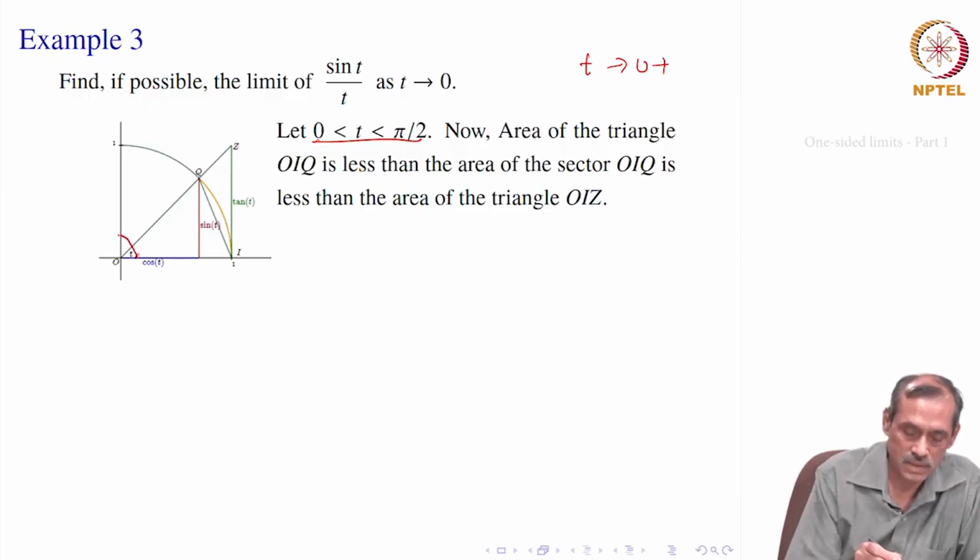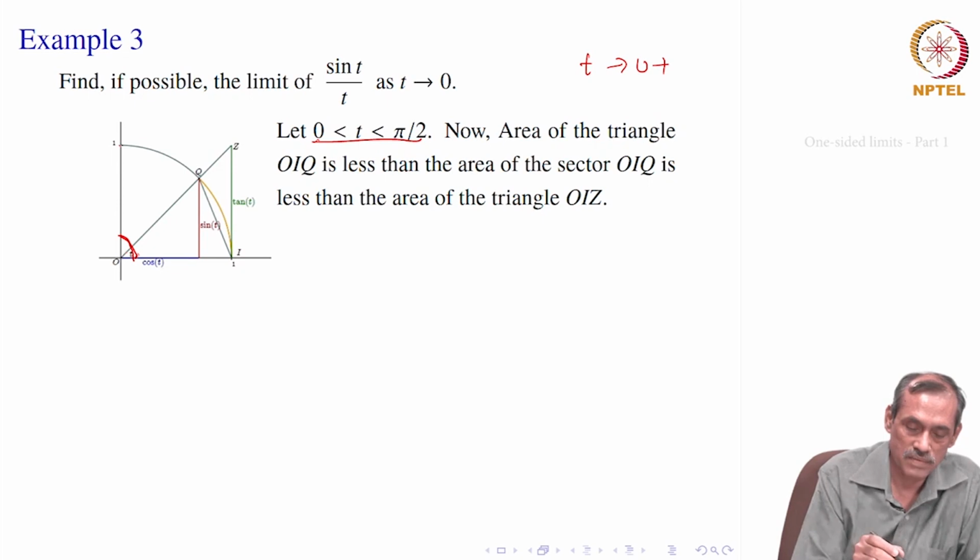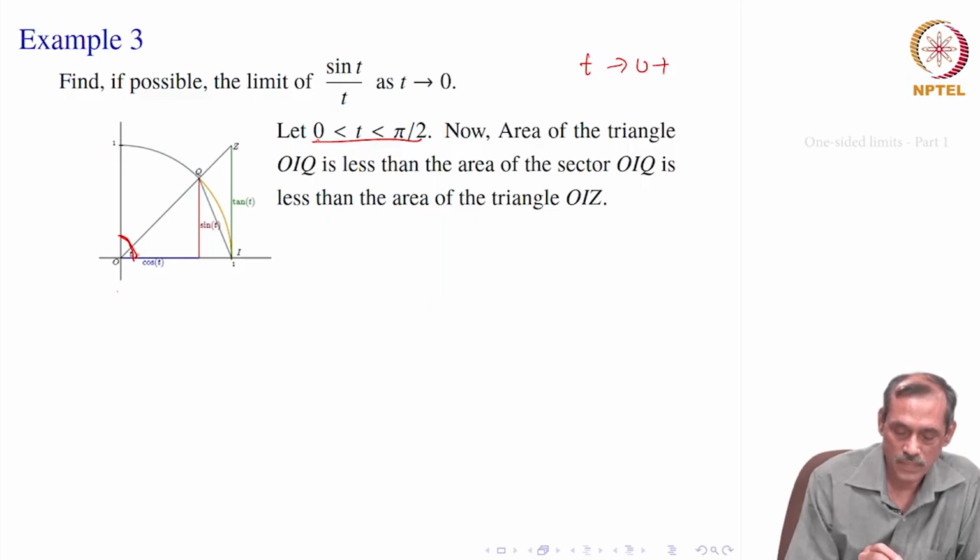So, this angle is between 0 and pi by 2, that is our t now. Then we take a circle of radius 1. So, both the sides are 1, that is O to I is 1, and the other side also, the radius is 1. O to Q is also 1, that is the unit length.